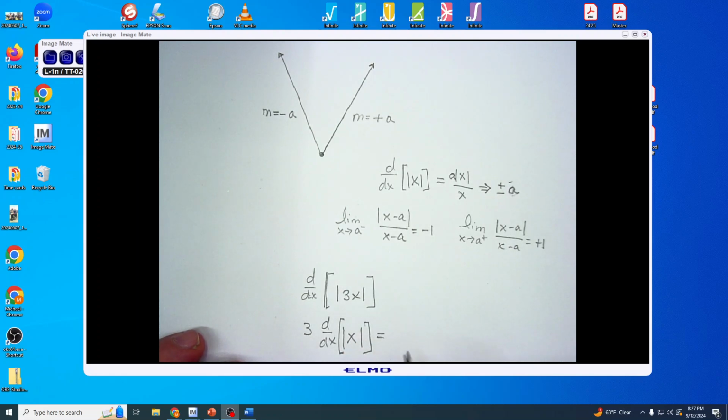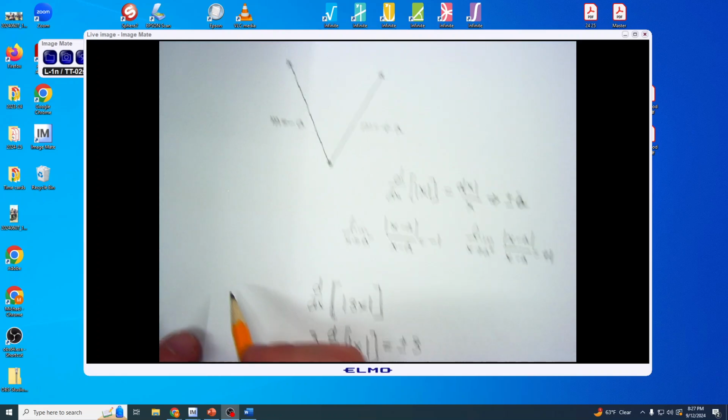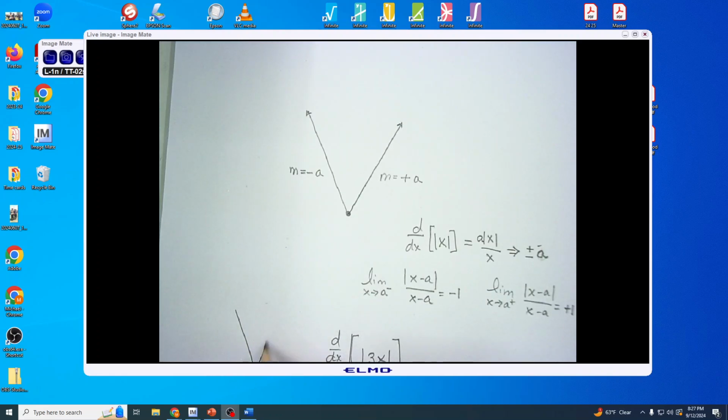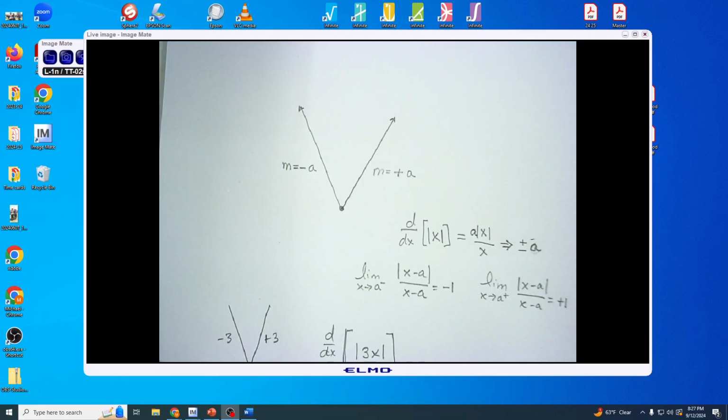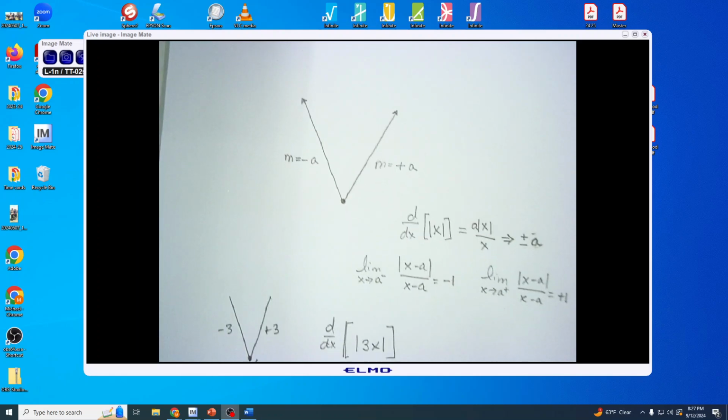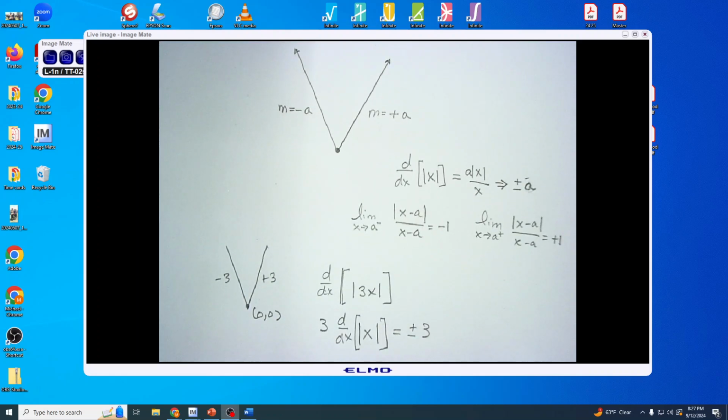And this gives me a positive and a negative slope of 3. And if you think about this function, the graph looks like this, sitting at 0, 0. And to the right, we have a +3 slope, and to the left, we have a -3 slope, thus giving us the possibilities.